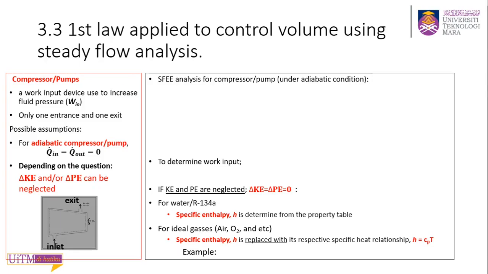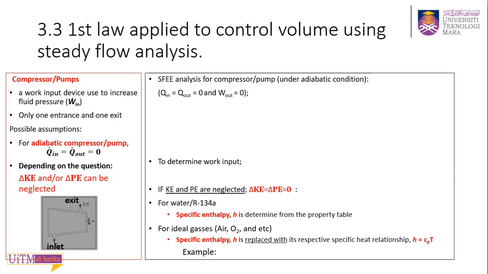Now, let's look at an example on how to use the steady flow energy equation for a compressor. For this example, we will consider an adiabatic compressor. Remember to write the conditions from the question before applying the SFEE.